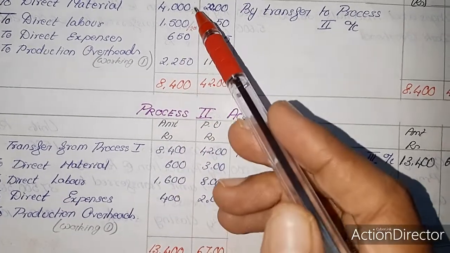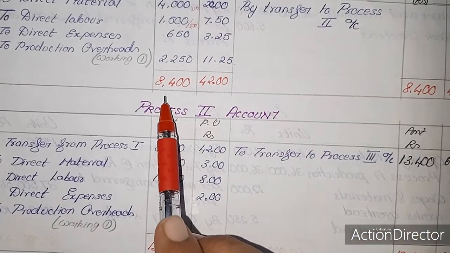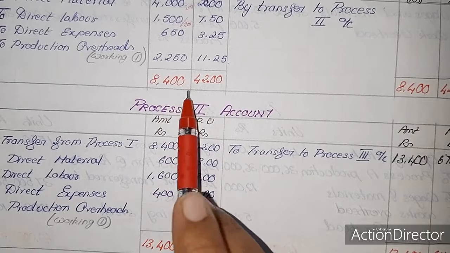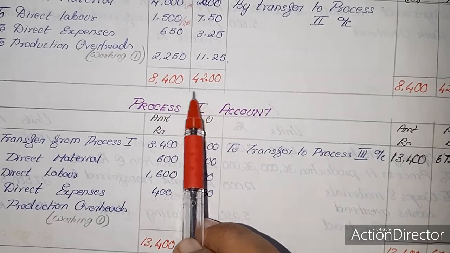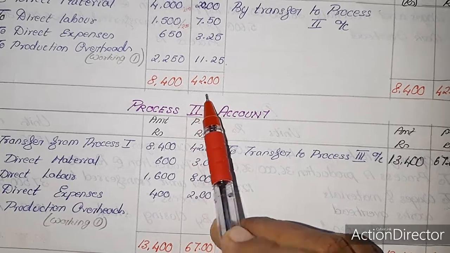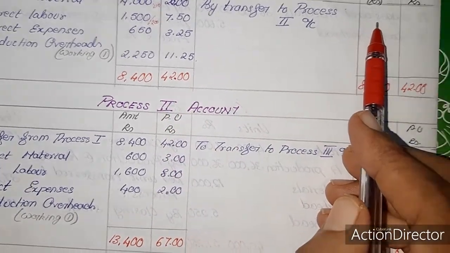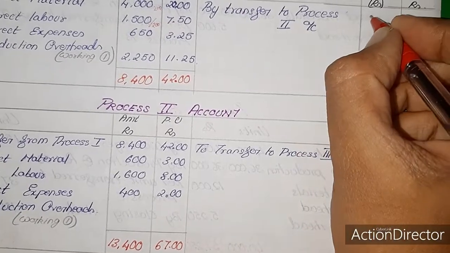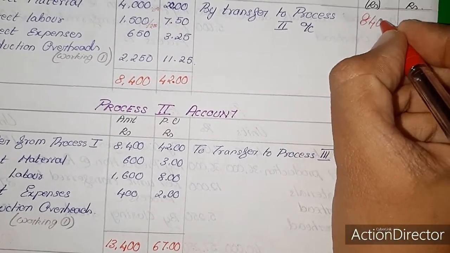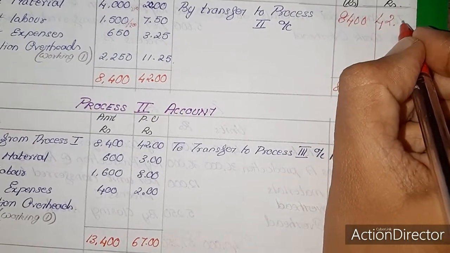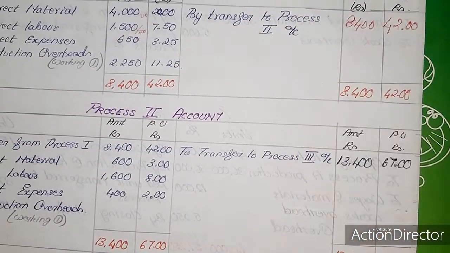I am adding up all the values and I'm getting 8,400 as the amount, and the cost per unit value for 8,400 is 42.00. This value I am transferring to process 2. So on my credit side I'll be writing 8,400 and 42.00.